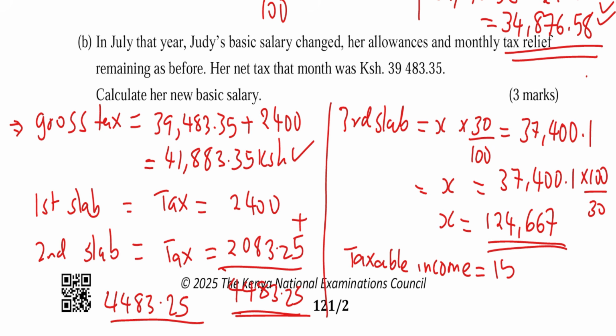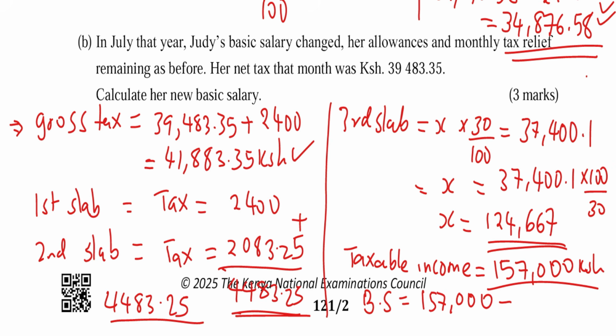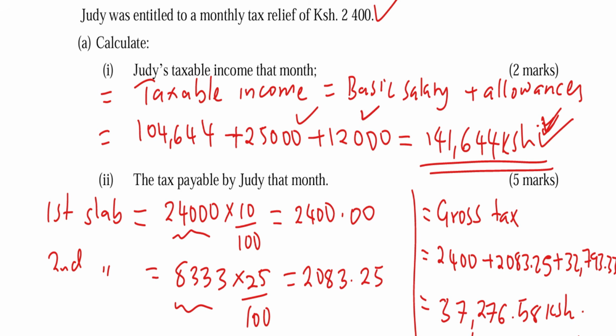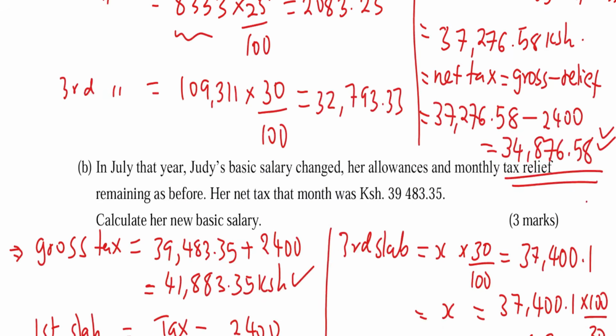So hapa wewe jua tu hapa ni 157,000 shillings. But sasa swali hujaulizwa taxable income, umeulizwa basic salary. Na basic salary hapa kupata ni rahisi. Basic salary yetu ni taxable income minus all allowances. Ukichukua 157,000 minus allowances zote hapo, let's say ume add up 25,000 plus 12,000 itakupa 37,000.